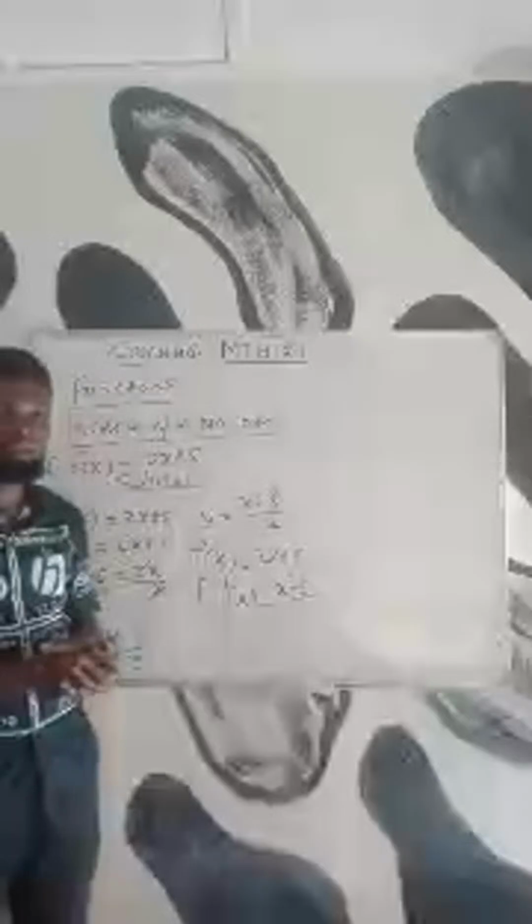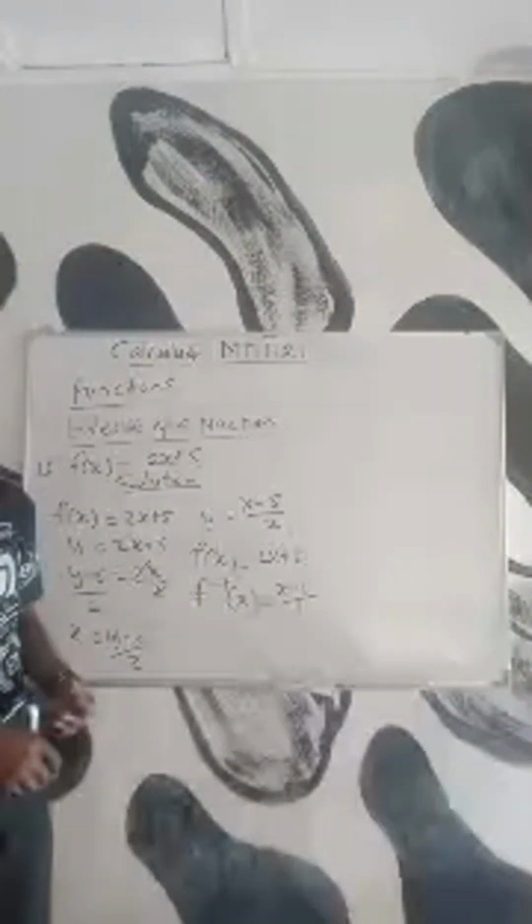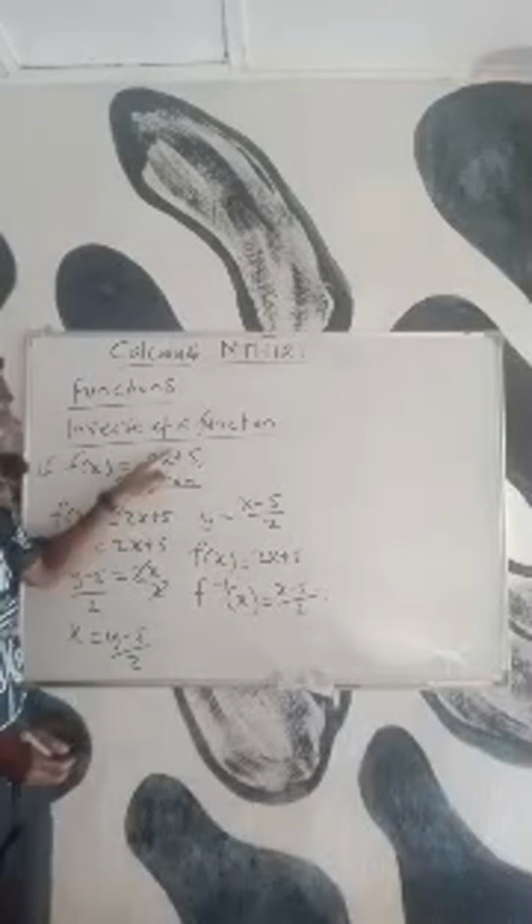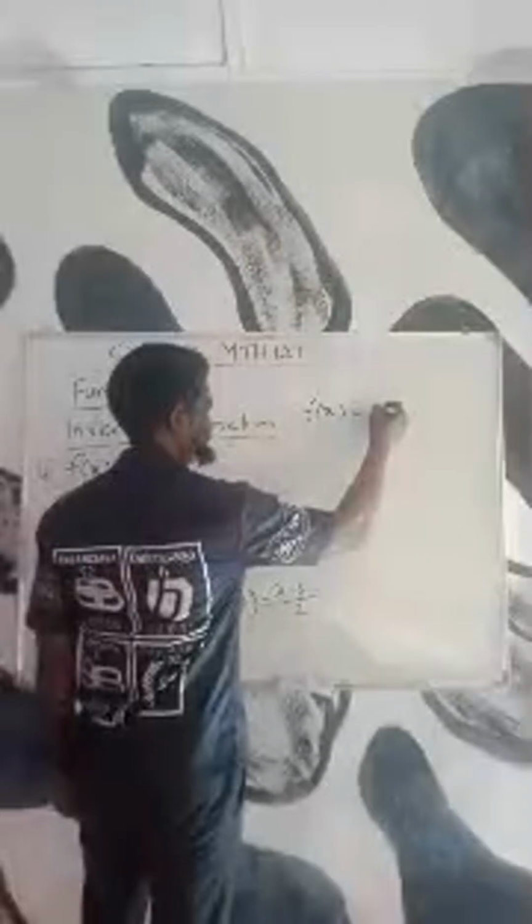So what makes the function linear is when the highest power is one. So for the higher ones, let's find the inverse.